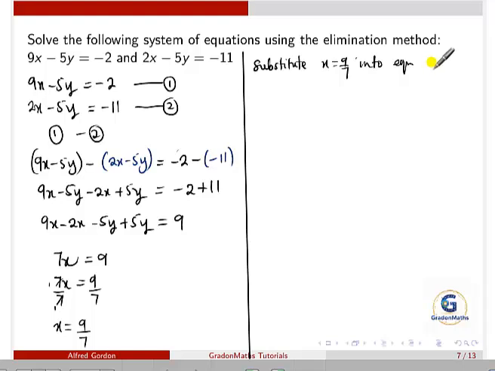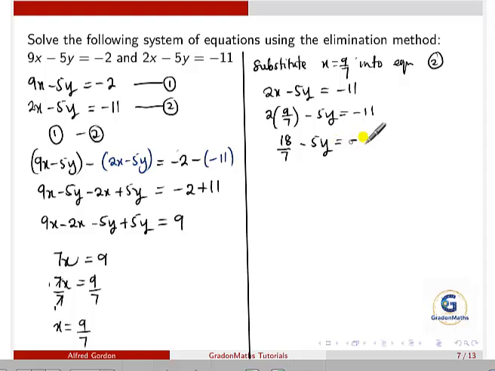Let's do equation 2, where we have 2x minus 5y is equal to minus 11. We know x to be 9 on 7, so 2 times 9 on 7 minus 5y is equal to minus 11. So let's do some fractions here. 2 times 9 will give us 18 on 7 minus 5y is equal to minus 11.